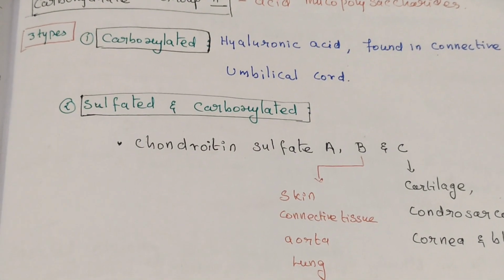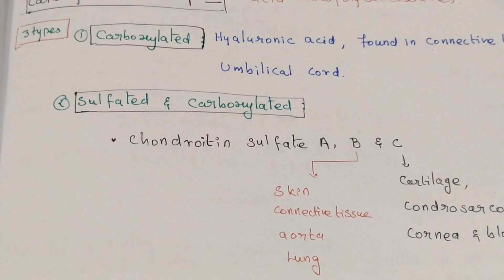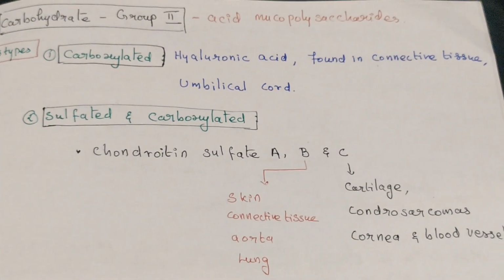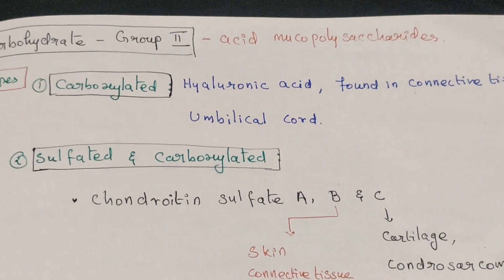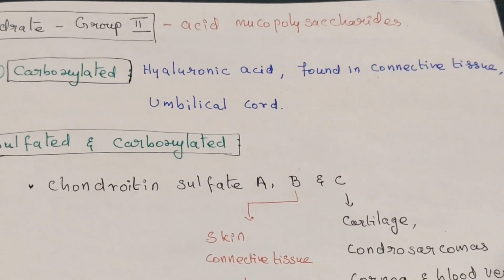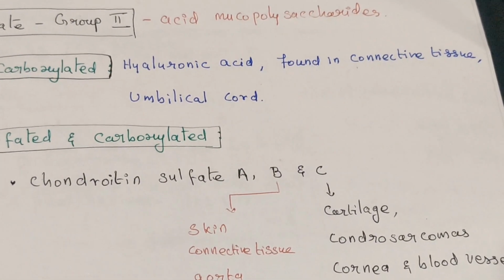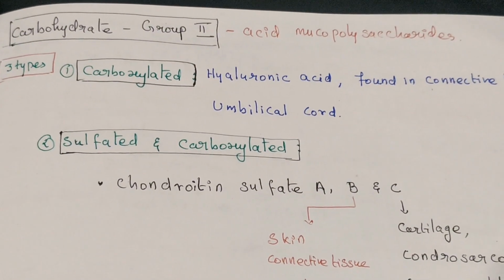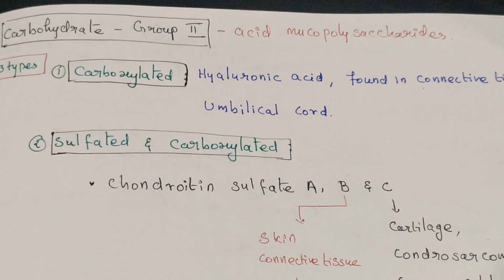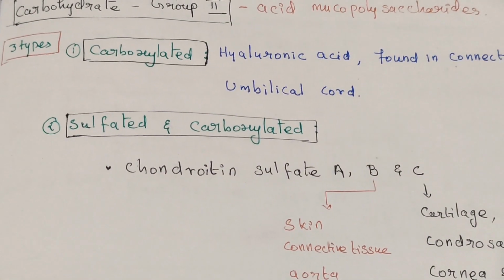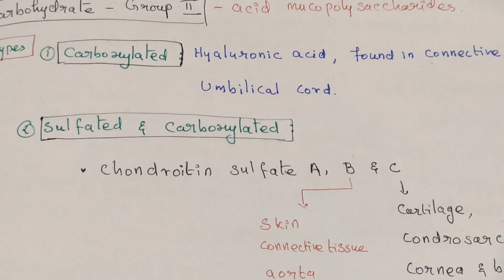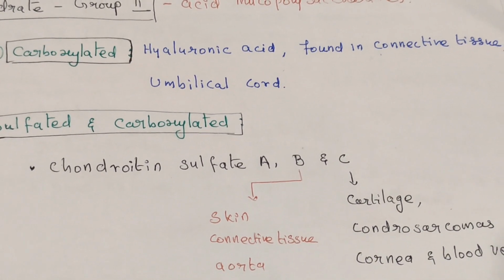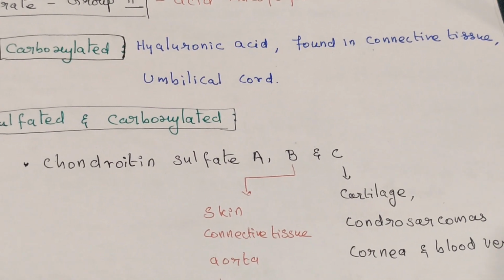The carboxylated group contains hyaluronic acid, found in connective tissue and umbilical cord.